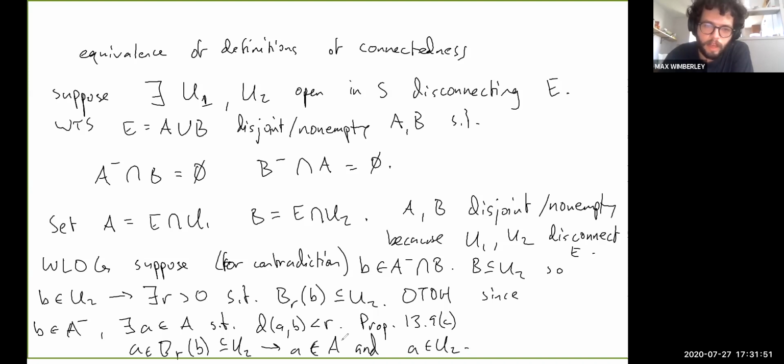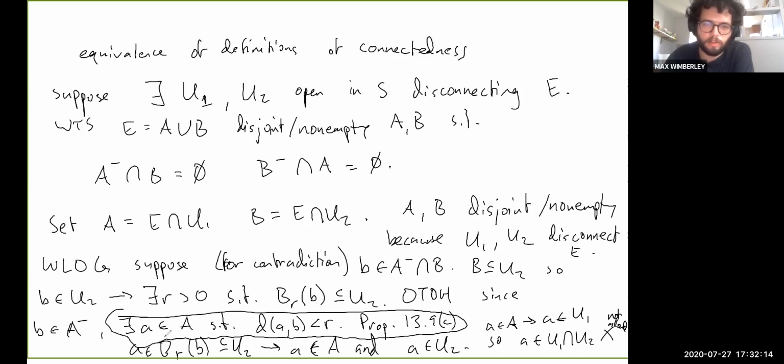But since A is in A, that means that A is in U1. So A is in U1 intersect U2, which is not allowed, right? So it's just the fact that this A exists that comes from proposition 13.9.